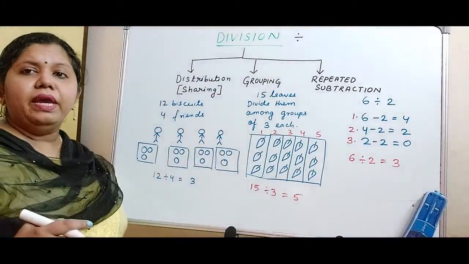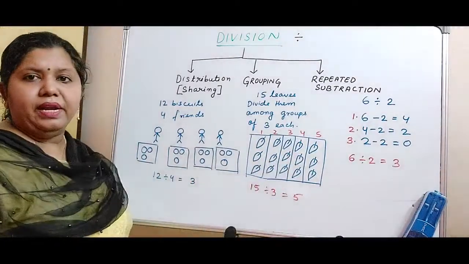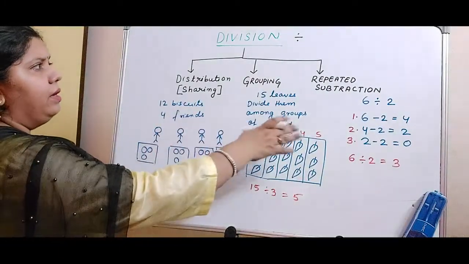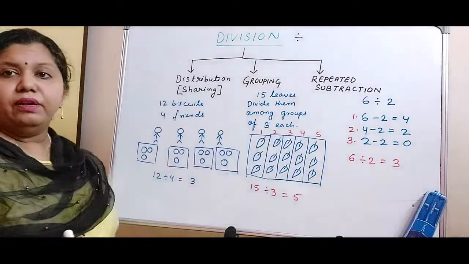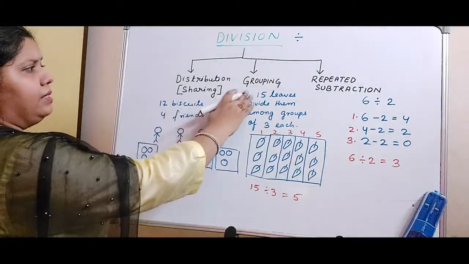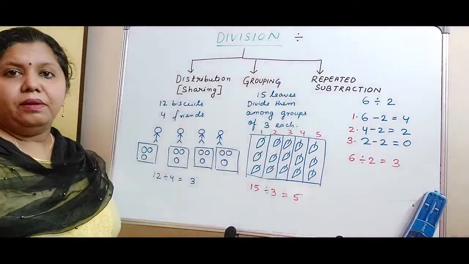That is why we also call division repeated subtraction. So I hope you have understood the 3 different cases where we use division. The first case is distribution or sharing, the second is grouping, and the third is repeated subtraction.